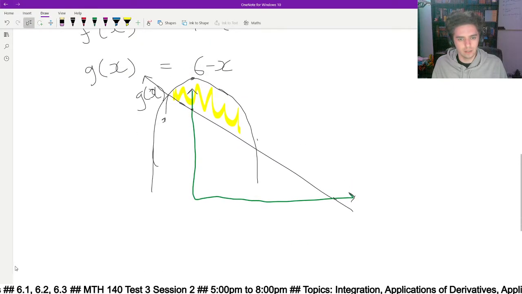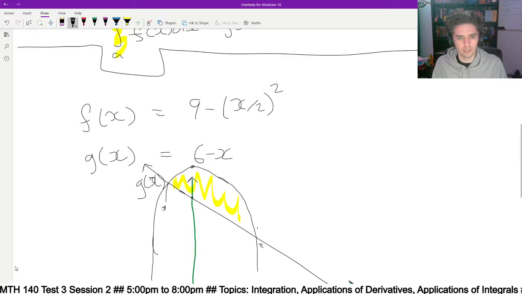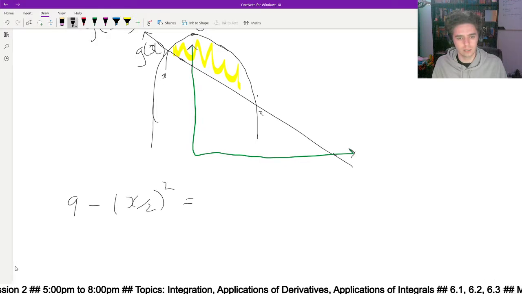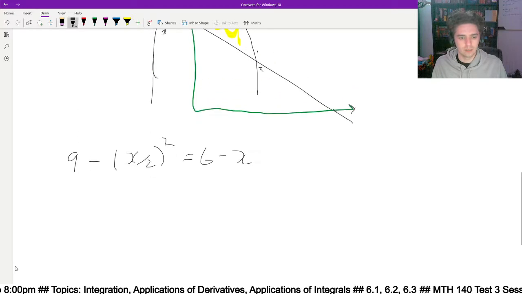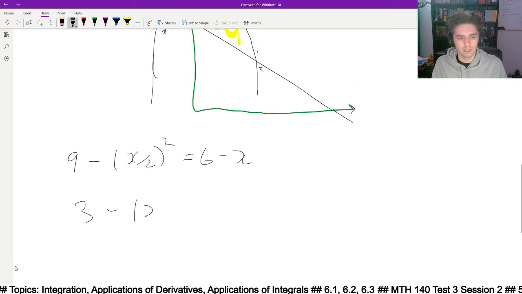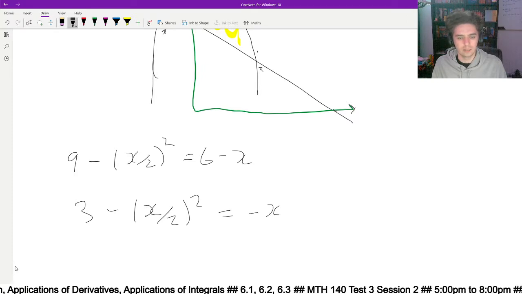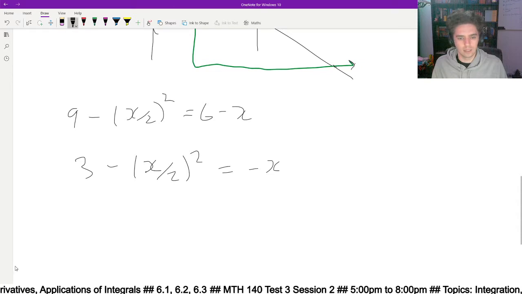So to do that, we're going to need to figure out what the bounds of the region are. We're going to figure out this x value and this x value here. In other words, we're looking for where this 9 minus x over 2 squared equals the other line, 6 minus x. So where does 3 minus x over 2 squared equal negative x? And then I'll apply the square.